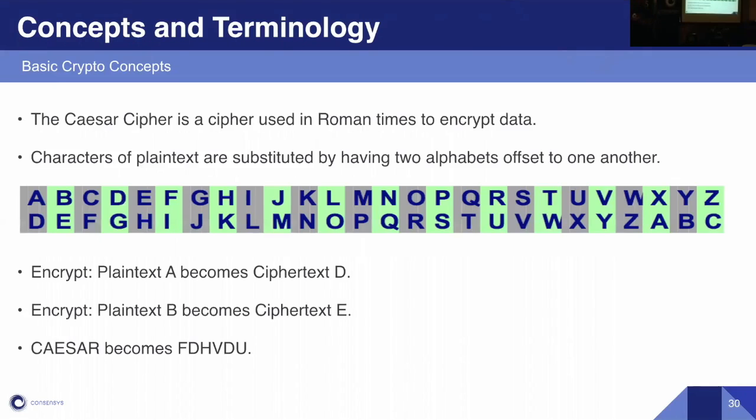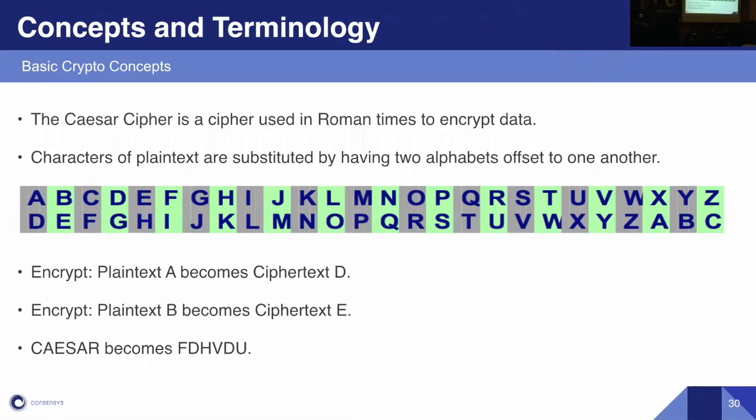Okay, so let's have a look at a very simple algorithm to explain these concepts. So we had Caesar ciphers, used quite 2,000 years ago. The idea is it's a simple monoalphabetic substitution cipher where you go from, say, the alphabet on the top line to the alphabet on the bottom line.